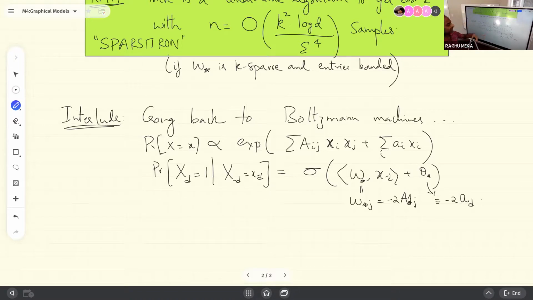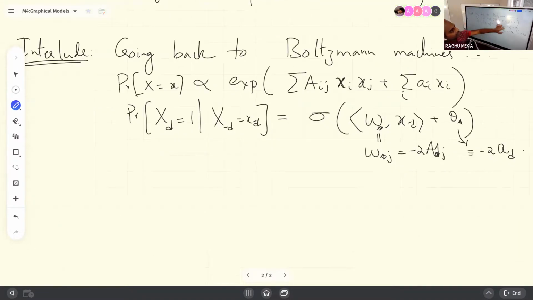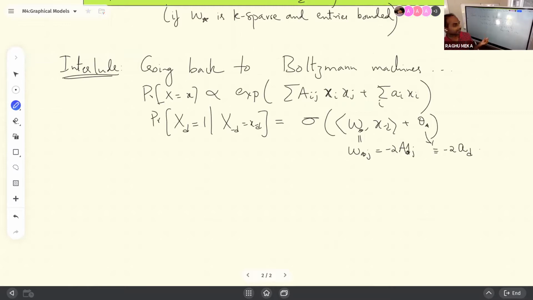So this was our connection to GLM, okay? And if I want to identify the graph, what do I know about the AIJs? I know that the AIJs are numbers between alpha and beta, some numbers between 0.001 and up to 10. Okay, and they are k-sparse, meaning each row or column has at most k non-zero entries. That's all I have.